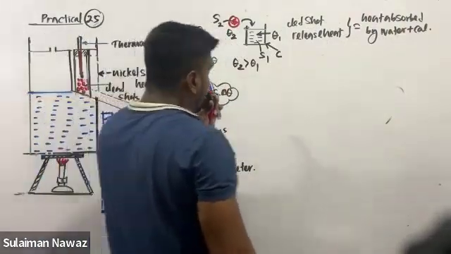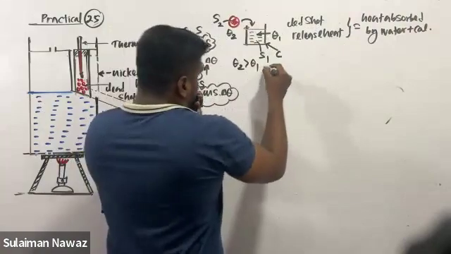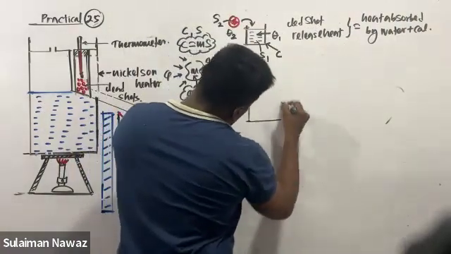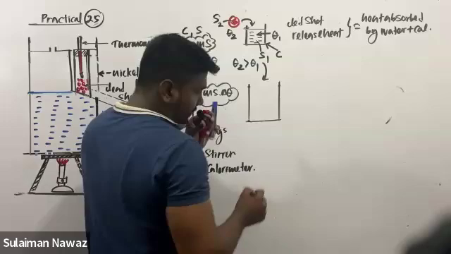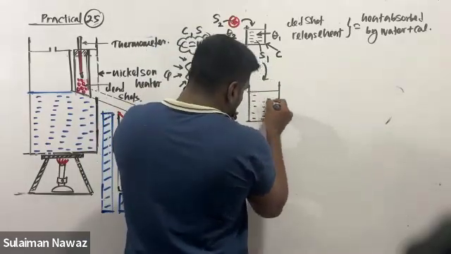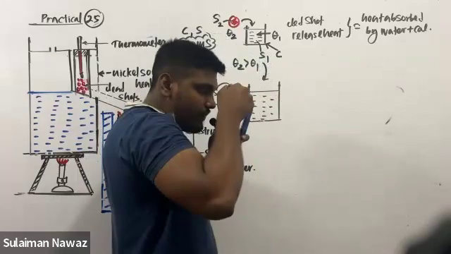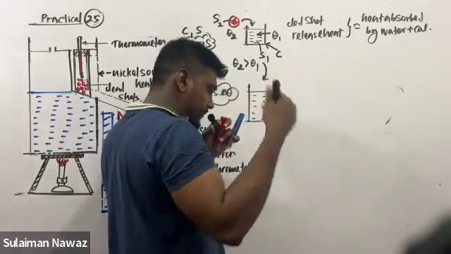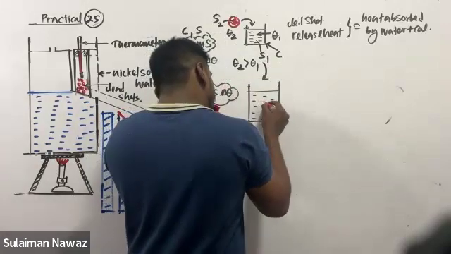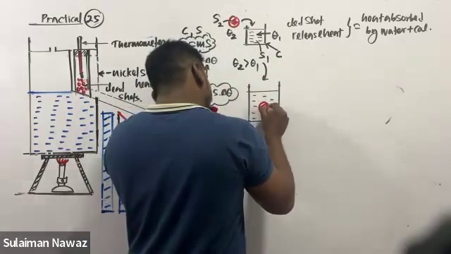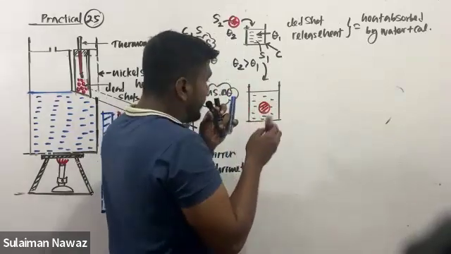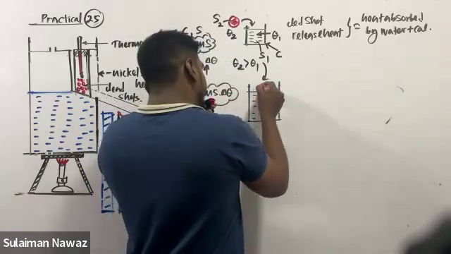Then, after this lead shot is put into the water, somehow this system reaches thermal equilibrium. A few days back I told you what thermal equilibrium is. Let's say the temperature of the system after it reached thermal equilibrium is theta.